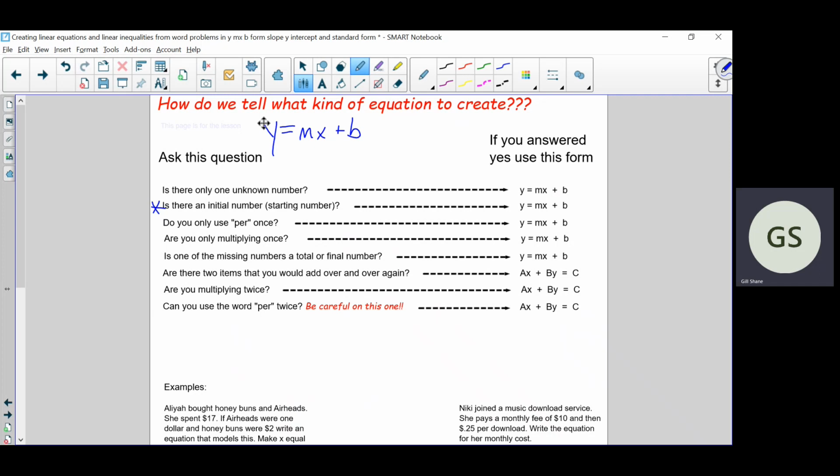Or am I going to use some number times x, plus, or it could be subtract, some number times y, and then equals some number. So I got to figure out which one of those to use. That's what this sheet is for, to help you figure it out, and it's also got some examples on it.